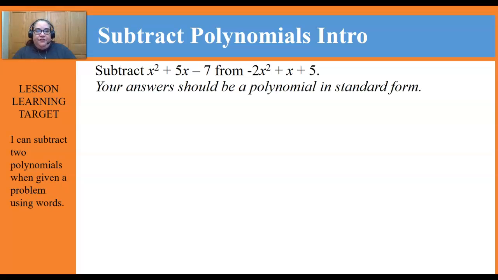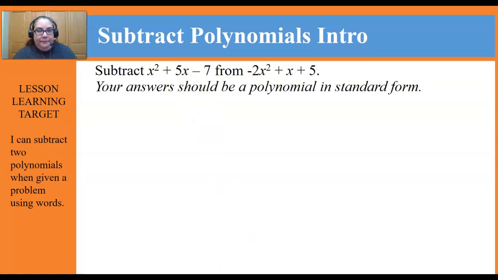So let's go back to this from. If we're subtracting something from something else, it means that I'm taking this amount away from here. I'm starting with the negative 2x squared plus x plus 5, and I'm going to take away x squared plus 5x minus 7.